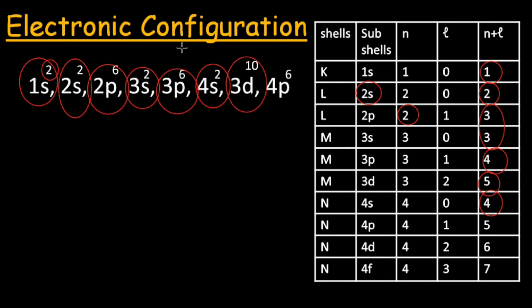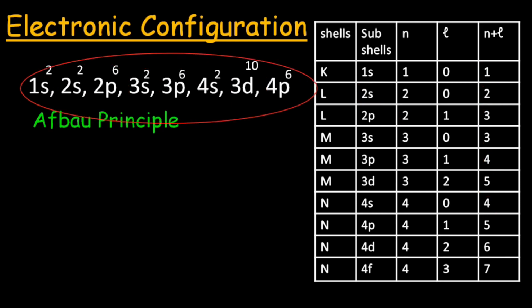This is not a hard and fast rule that you have to fill every orbital with exactly the same number of electrons that it can accommodate. The number of electrons can be less than the number a particular orbital can accommodate. It depends on how many electrons are left for a particular element. And after that, you have to fill the 4p orbital.